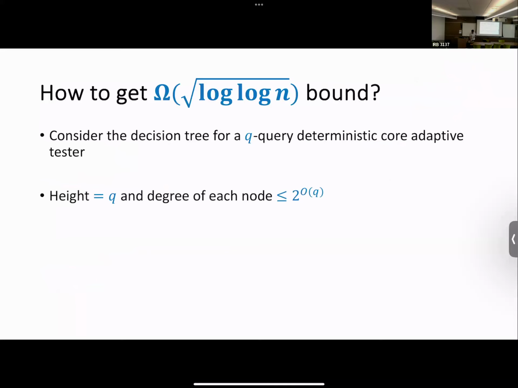So the degree of each node now becomes at most 2 to the order Q. And as a result, this decision tree will have at most 2 to the order Q squared many nodes, since this is a depth Q tree. Okay, so this already gives us some kind of sparse decision tree. It essentially prunes many possibilities.